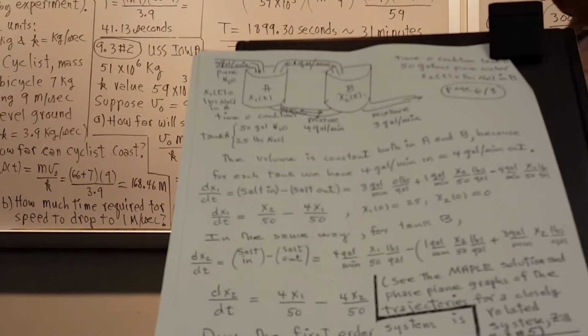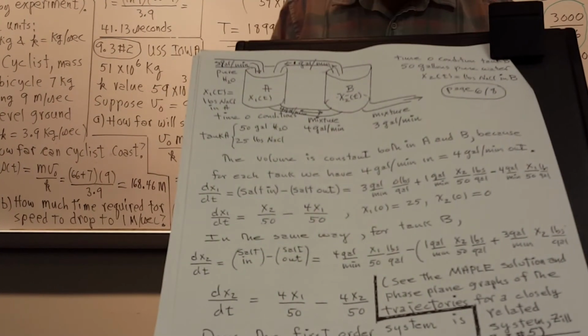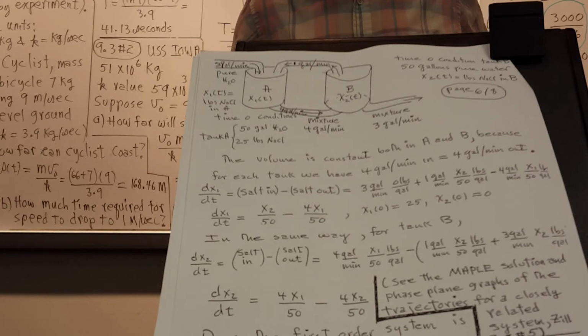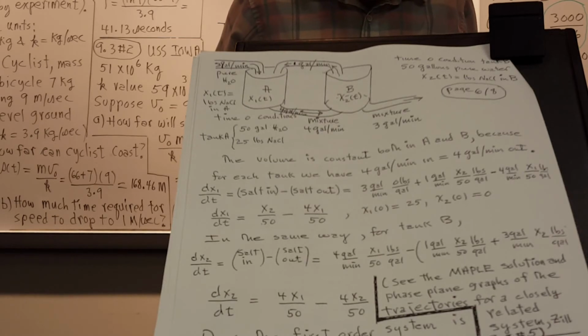If you look at the picture in your notes, you see you have water coming in to tank A, 3 gallons a minute, and it has some salt in it to start with, 25 pounds if you read the story.